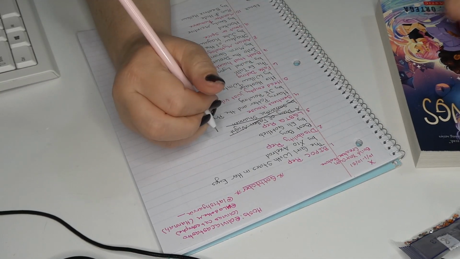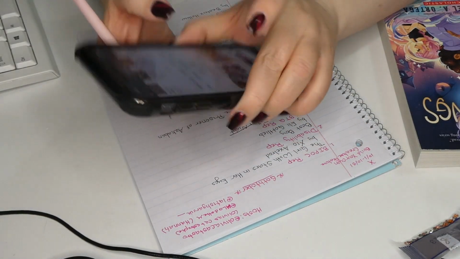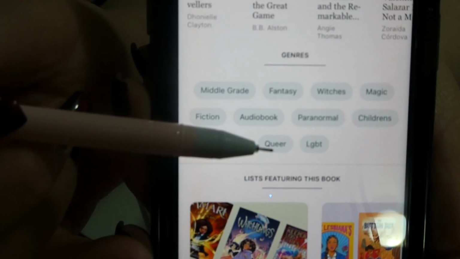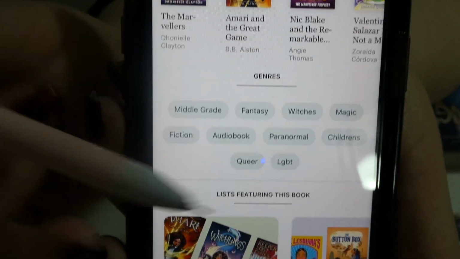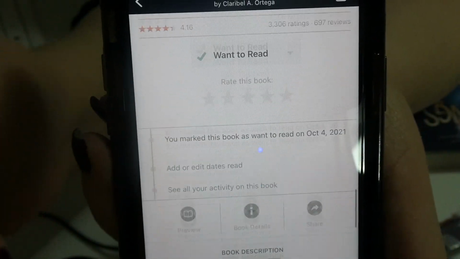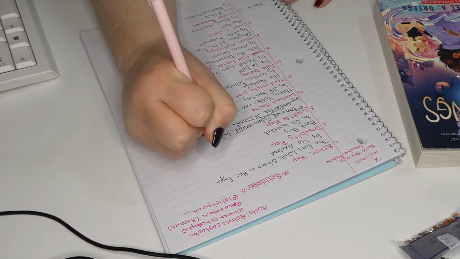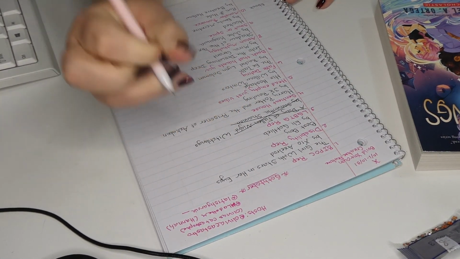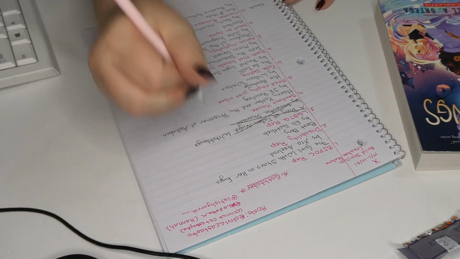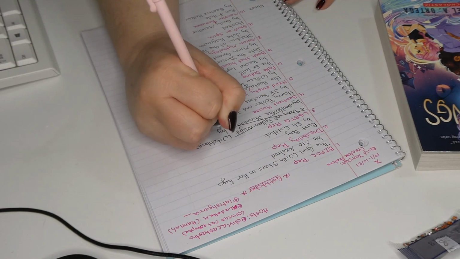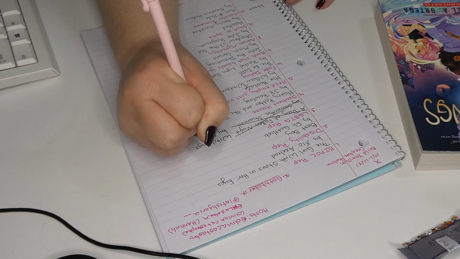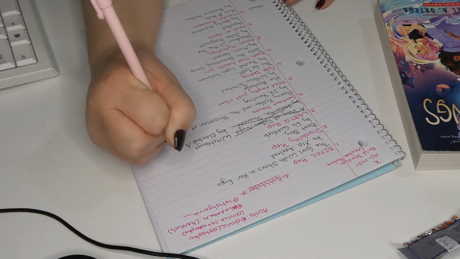And I'm going to use Witchlings because Goodreads does say right here, queer and LGBT. And as you can see, it's for Witchlings. So that I will use in place of this. So Witchlings. And then I hope to remember to write down what sort of LGBT rep it is. So by Claribel A. Ortega.